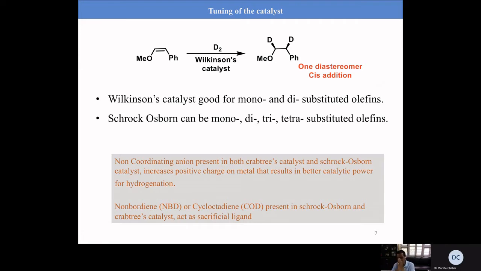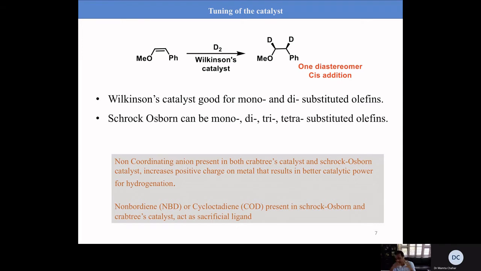Usually if you have a non-substituted olefin or a mono-substituted olefin, you don't have to use Stryker-Osborn catalyst or Crabtree catalyst, because simply any hydrogenation catalyst will be effective. For example, Wilkinson catalyst will be good enough.